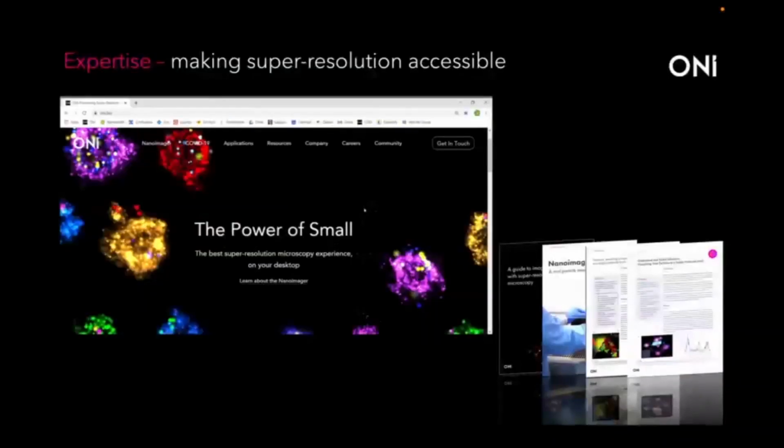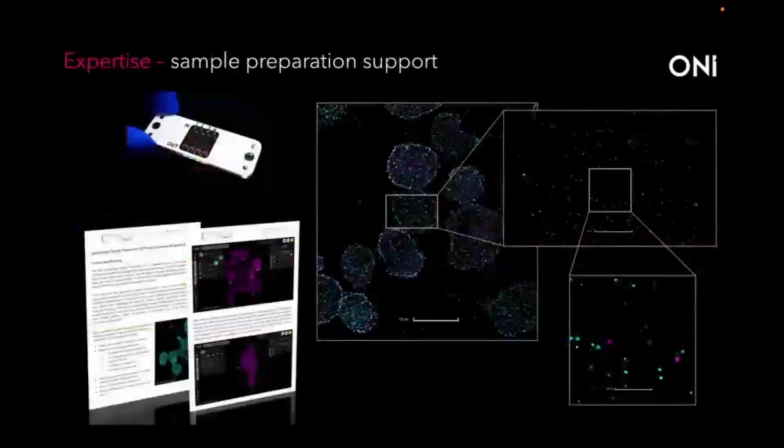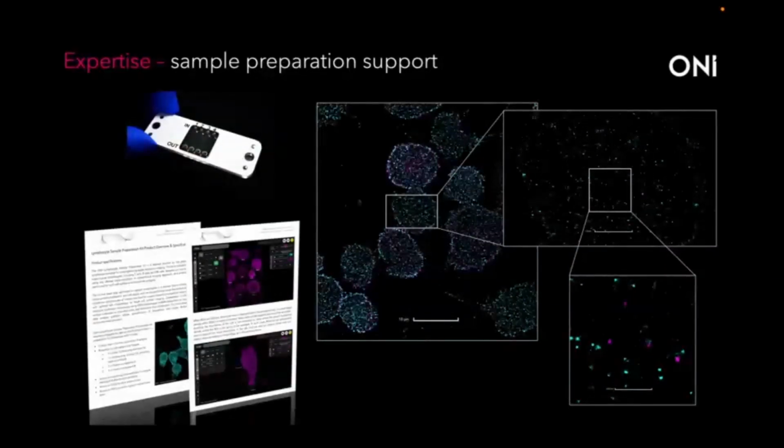Similarly, we directly help people through sample preparation support. We have a number of kits which are specifically designed to enable easy sample preparation towards a particular question. We have these for extracellular vesicles, which I mentioned earlier, but the one that I'm showing here is actually for lymphocyte sample preparation. So this is just an example of the kind of information that someone could get if they were using this.